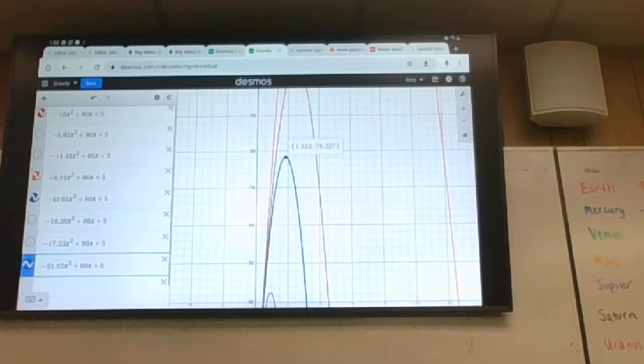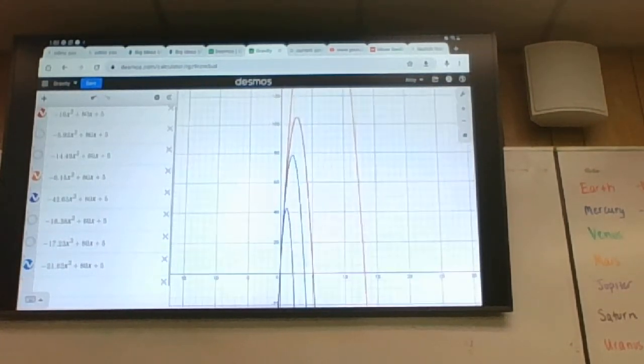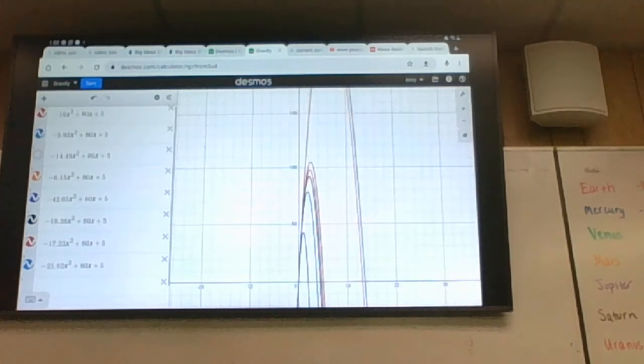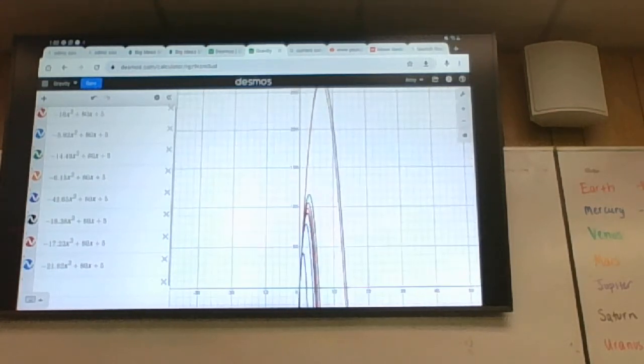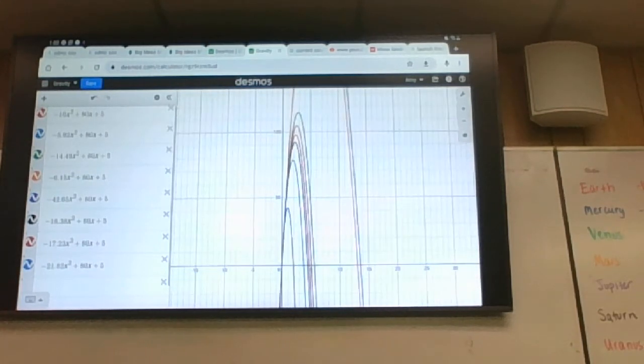Negative 146.4. Wait, so negative 146.4 plus 5 plus negative 73. Negative 214.47. Okay, so this one.